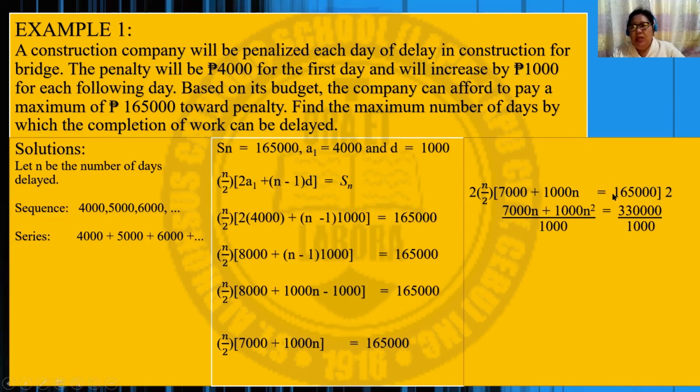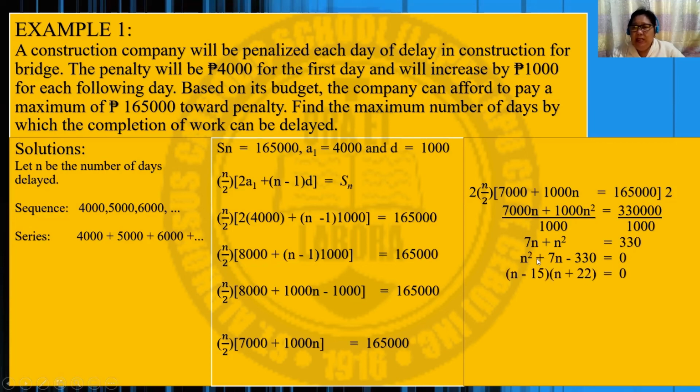And 2 times 165,000 is 330,000. And then you have to simplify, divide each by 1,000. So what is left is 7n plus n squared equals 330. And transpose 330, so you have negative 330 is equal to 0.